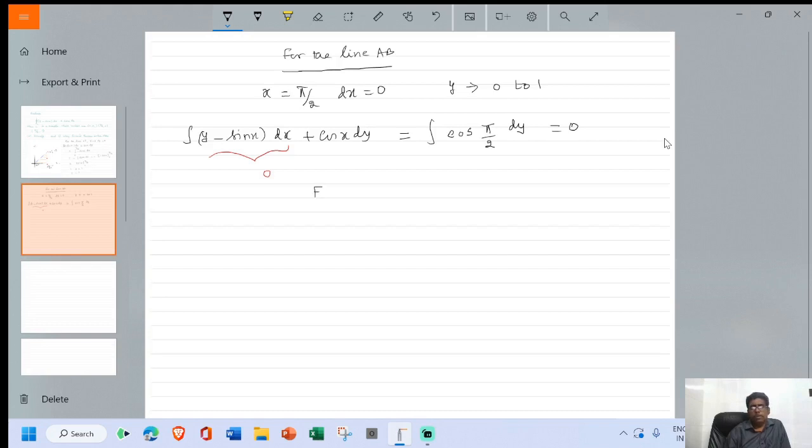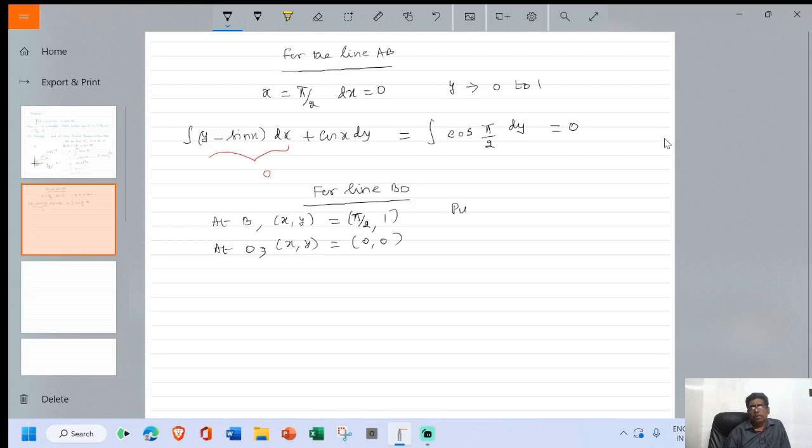Next we have to go for line BO. At B, (x, y) is (π/2, 1). At O, (x, y) is (0, 0).